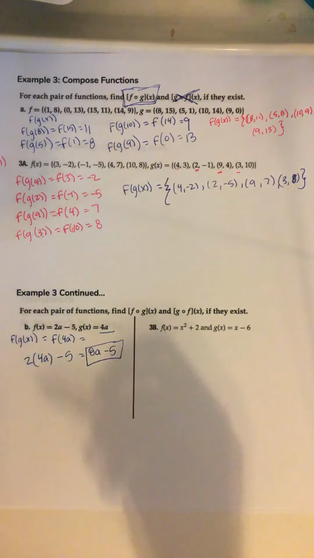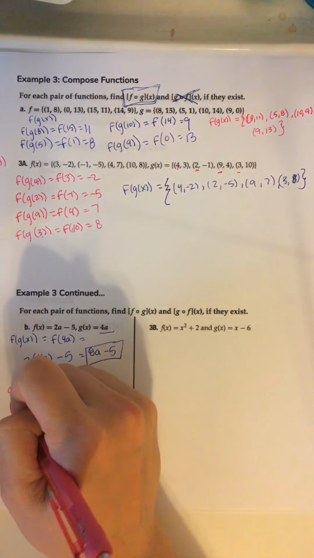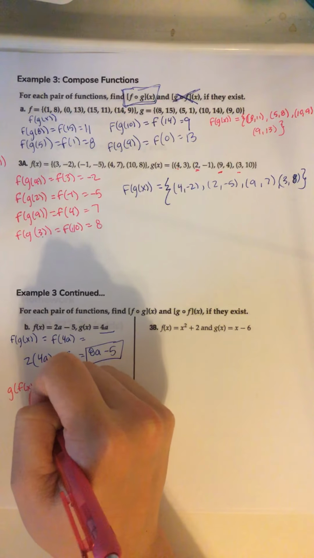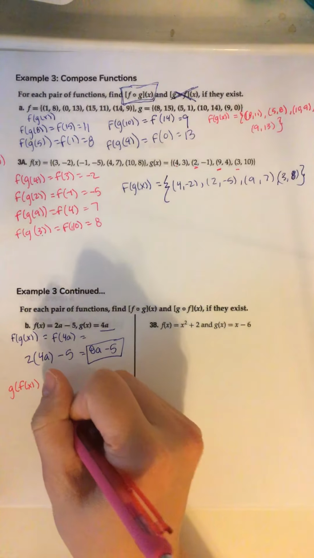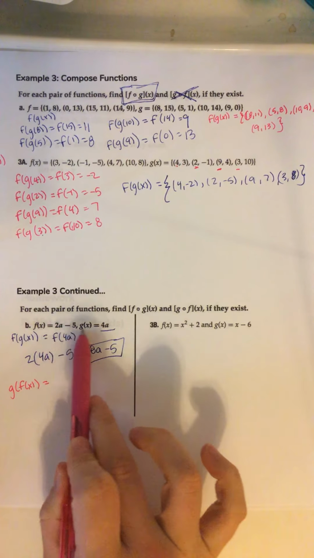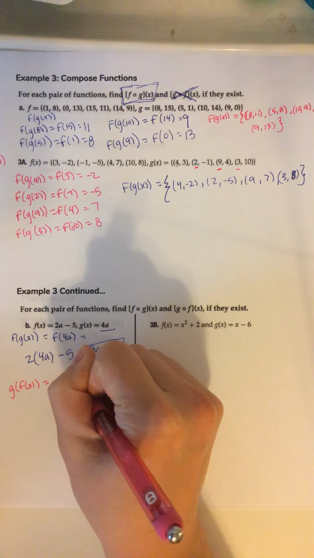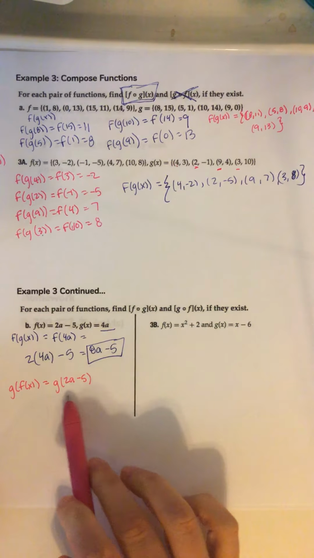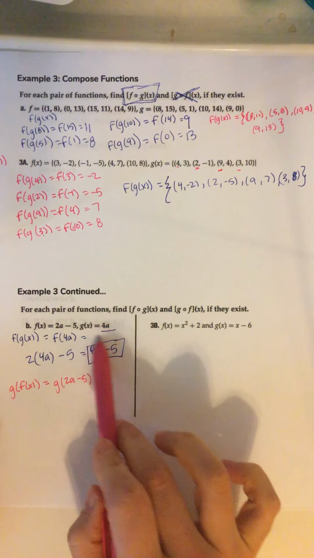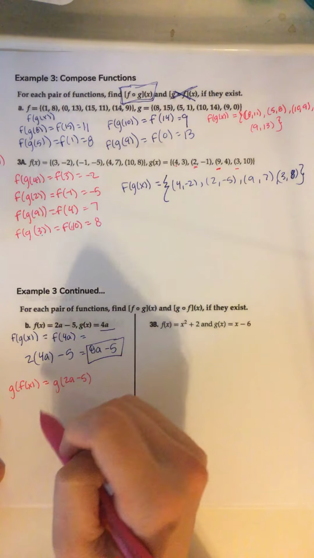And so then if we wanted to find g of f of x, we basically just flip-flop these, and it's going to be g of f of x like that. And we're going to plug f of x in right here. F of x is 2a minus 5. So I want to evaluate g at 2a minus 5. Well, g is 4 times a, so everywhere I see an a, I'm going to put this 2a minus 5.